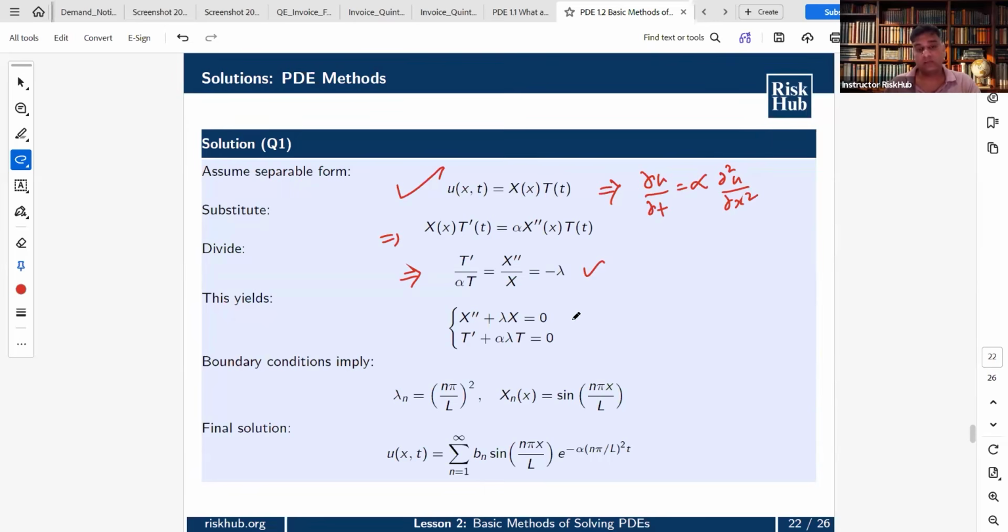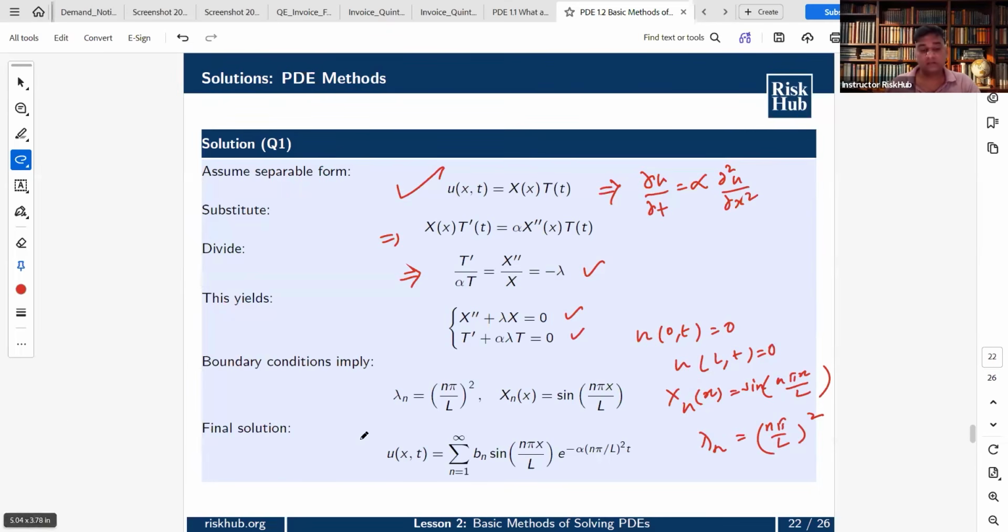This gives 2 ODEs with homogeneous boundary conditions. Usually u(0,t) is equal to 0 and u(L,t) is equal to 0. We get X_n(x) is equal to sin(n pi x / L), and lambda_n is equal to (n pi / L) squared. So the final solution is this.